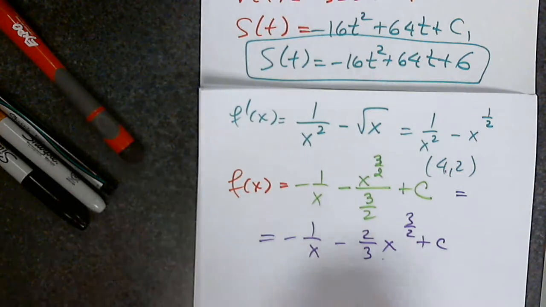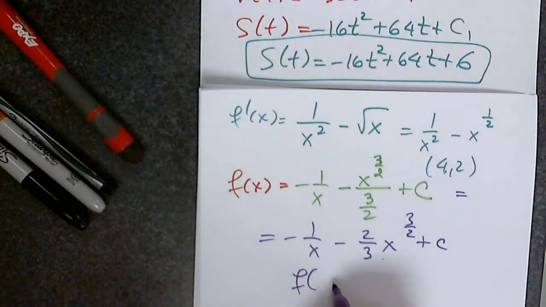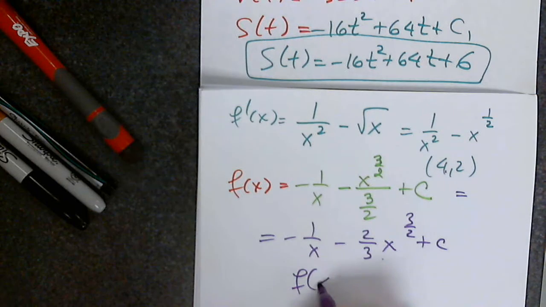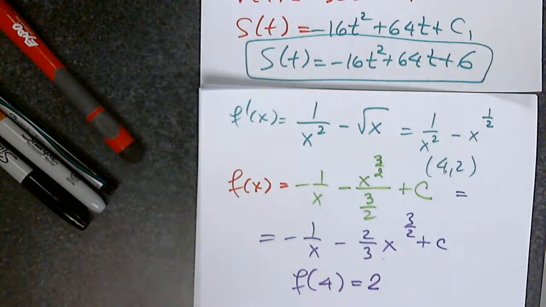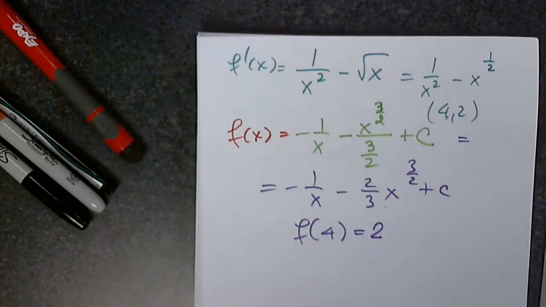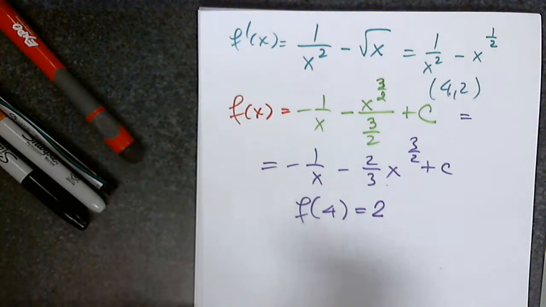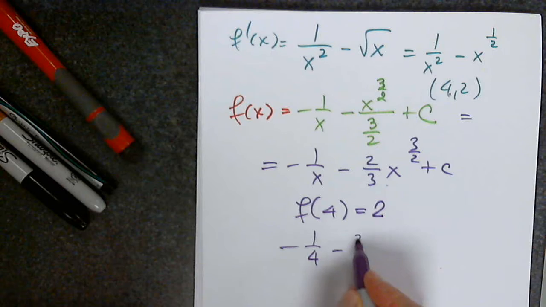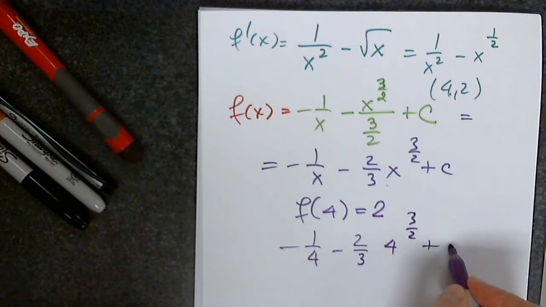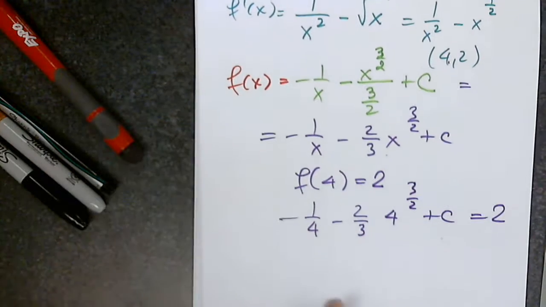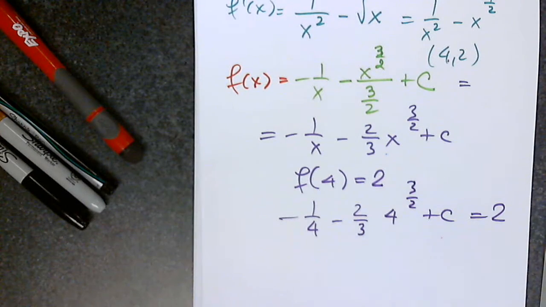So (4, 2) means that f of 4 is 2 indeed. That's what (4, 2) means. Very good. Excellent. Yes, you're right. So then I plug in 4. Negative 1 over 4 minus 2/3 times 4 raised to 3/2 plus a constant c equals 2. Excellent. And I have to solve this equation for c.